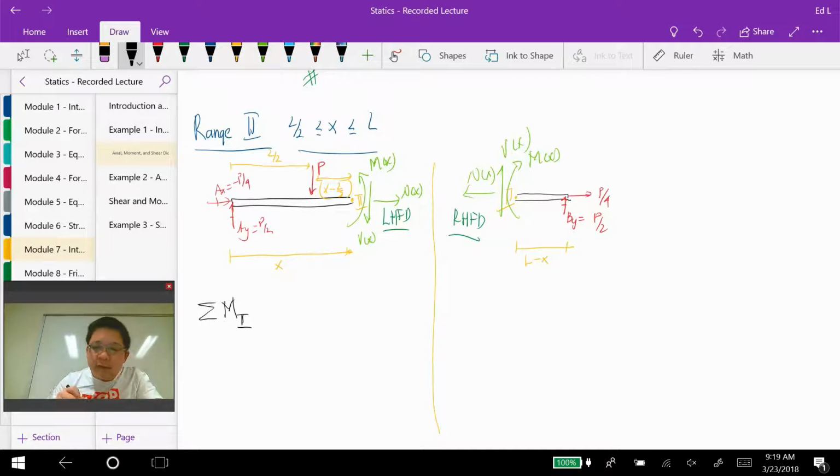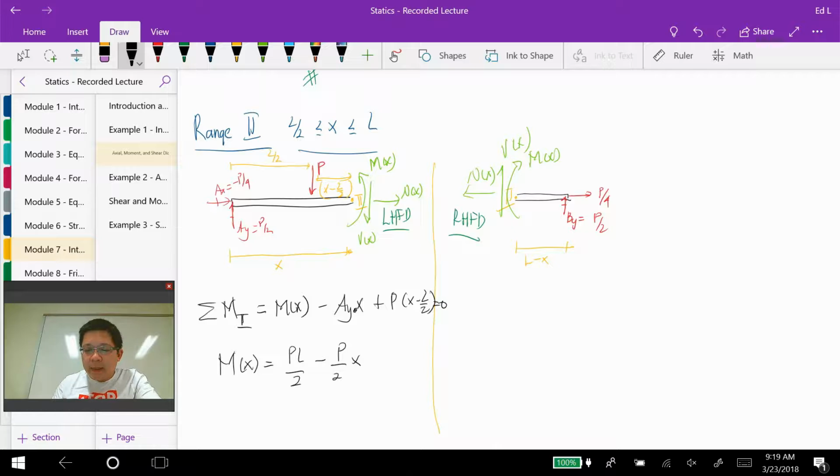At the cut, I have M of x, and then minus AY times x, and then plus P times x minus L over 2, and set this equal to 0.